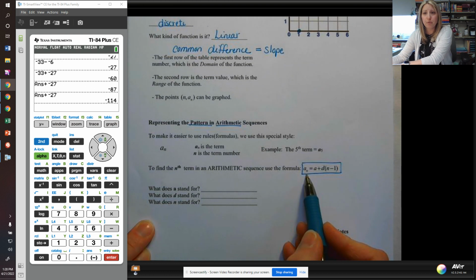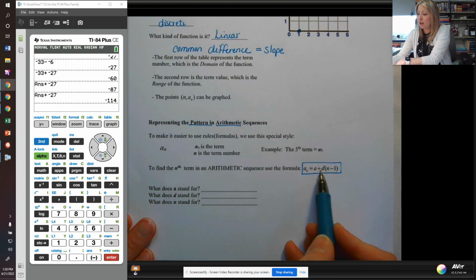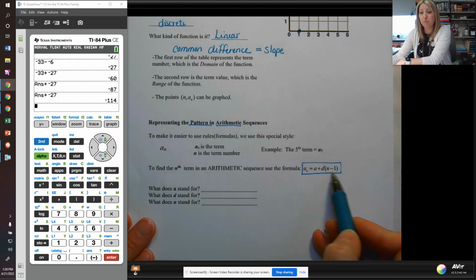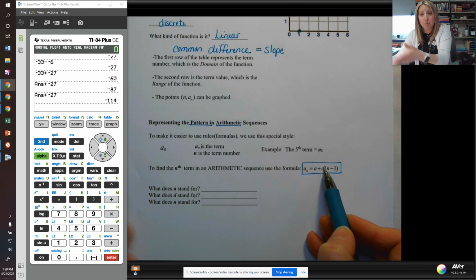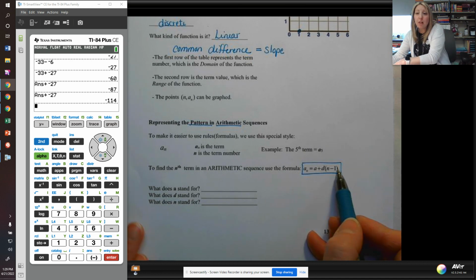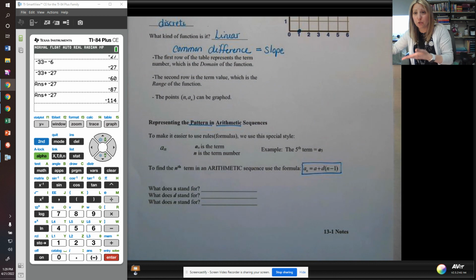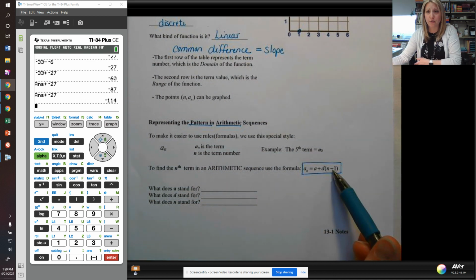A subscript n, so that's the nth term that we're finding, is A, the initial value, plus D times n minus 1. And the reason for that is this is your first value, right? Your A is your initial value, or your y-intercept, as some of us call that. Your D ends up being your slope. We only apply that to all the numbers after the initial value. So that's the reason we do this subtraction right here.